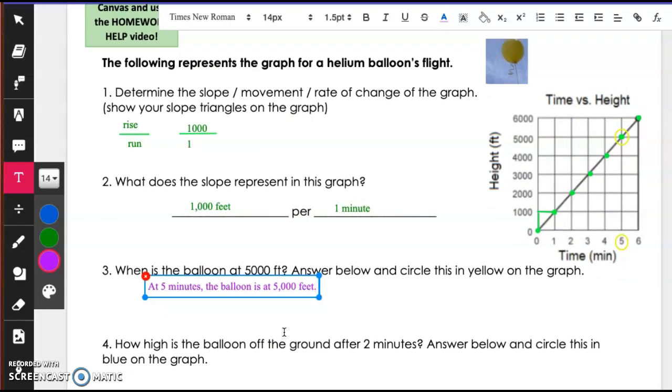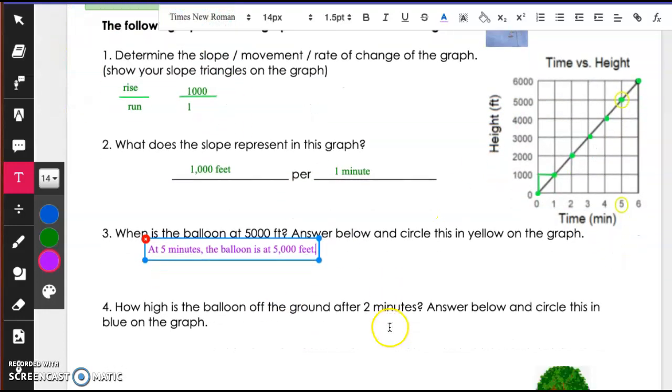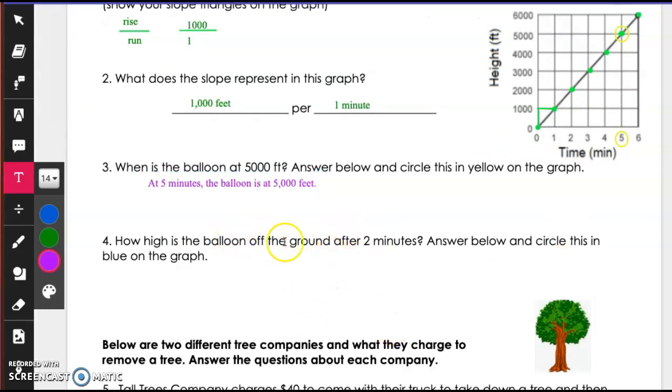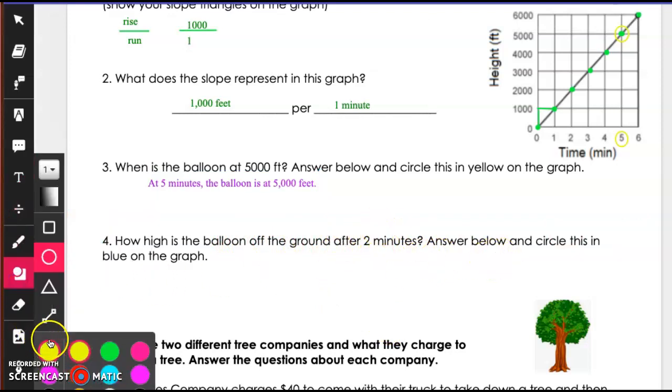How about this one? It says, how high is the balloon off the ground? So we're trying to find the height after 2 minutes. Circle this in blue. So let me grab a blue shape, blue circle, and we're looking for 2 minutes. So right here, I'm going to rise up to my line to find this lattice point.